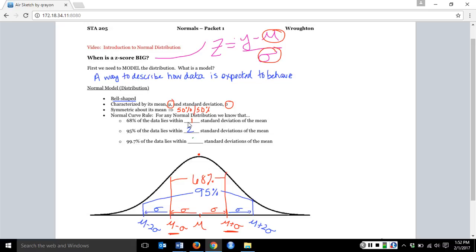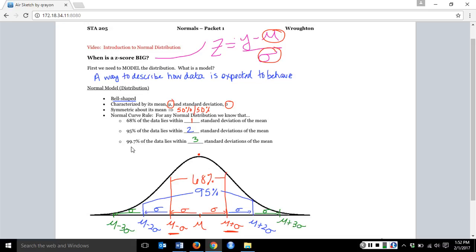And then finally, if I go out three standard deviations, I'm going to get almost all of my data. I'm going to get 99.7%. So there's going to be very little left that I don't have. I go out another standard deviation here, and another standard deviation there. That's going to be the mean minus three standard deviations.